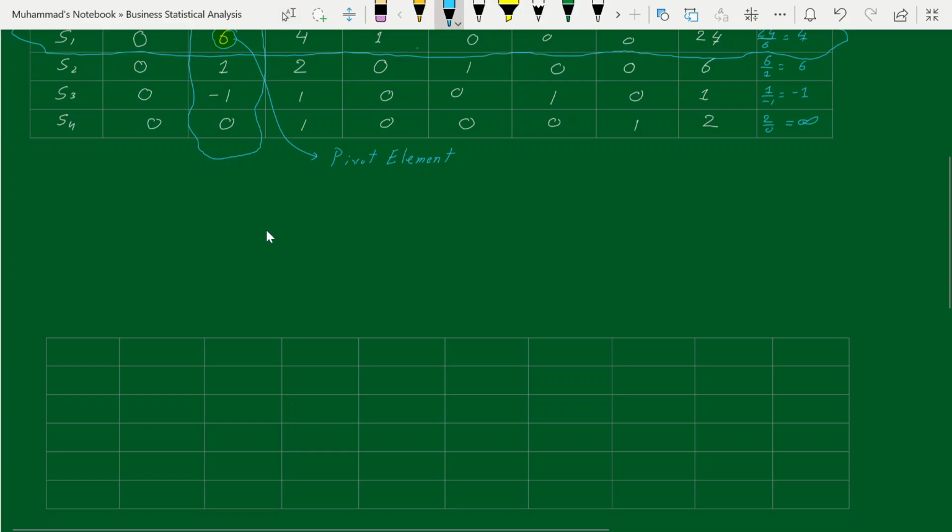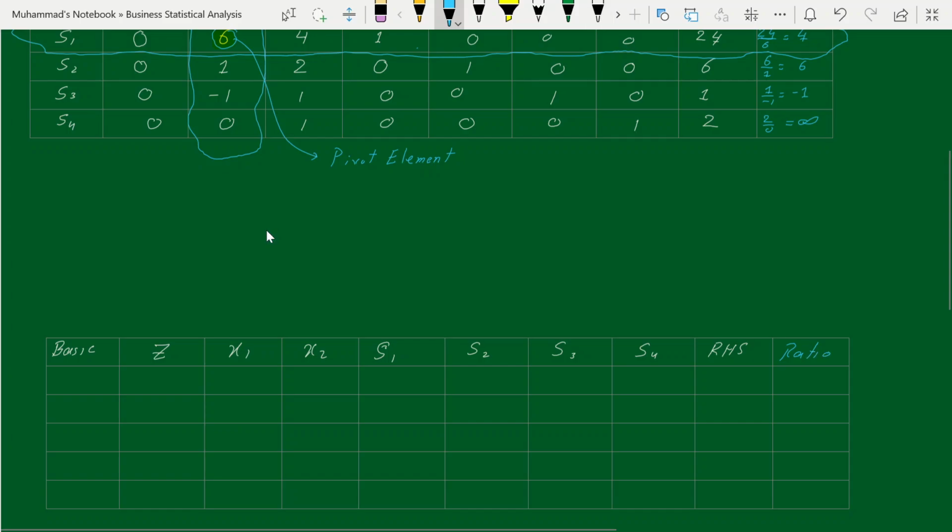First of all, I will write down the data here: Basic, z, x1, x2, s1, s2, s3, s4, right hand side of the equation, and then finally the ratio.